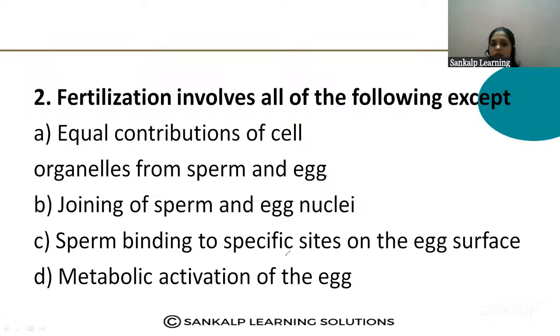Option C, sperm binding to the specific sites on the egg surface. Option D, metabolic activation of the egg. Read the question properly. Which of the following is not involved in the fertilization? What is the correct answer?